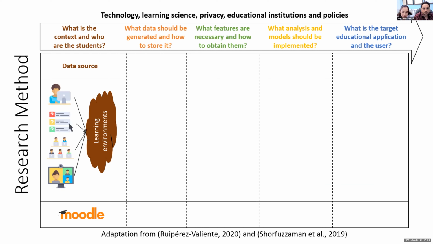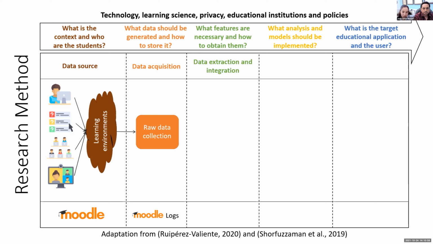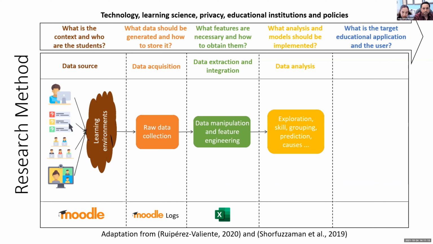For data acquisition, the raw data was obtained from the Moodle logs. In data extraction and integration, using Excel, the data was manipulated and feature engineering was done to build the data dictionary. This activity, together with the data analysis activity, was carried out iteratively.